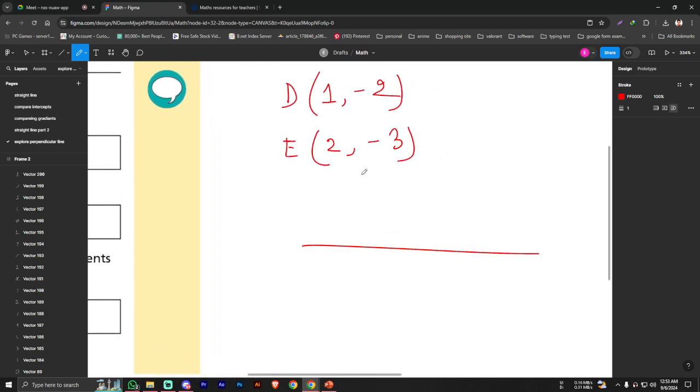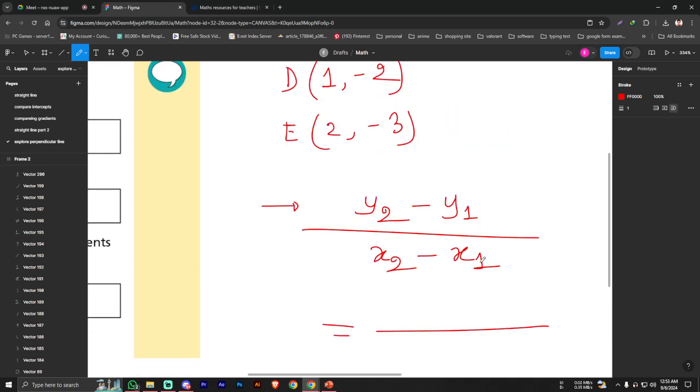Now we calculate it. Oh, okay. There's a problem. On top, it should be y2 minus y1. On bottom, it should be x2 minus x1. You have put the x value on the top.